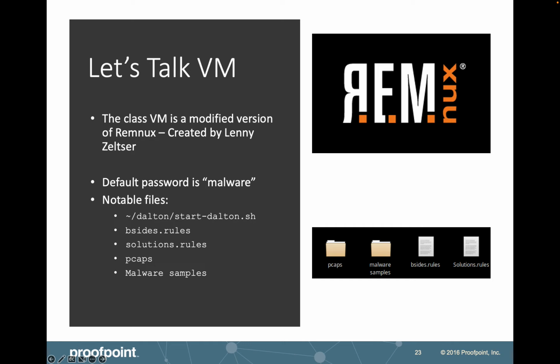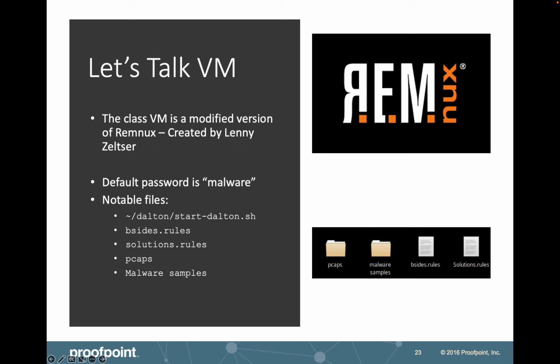The password is malware, and that's the same for Remnux. Notable files here are in the home directory, Dalton, start Dalton. This is going to start the Dalton engine that we're going to be using to test our signatures on. And as I was playing with this VM, if you restore to the most recent snapshot, it has Dalton already running.